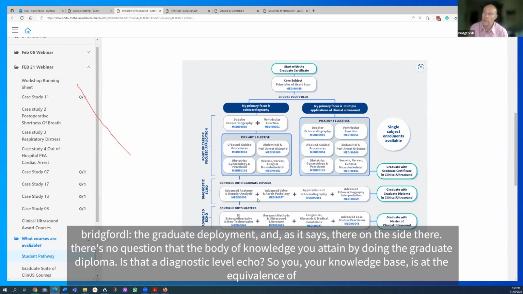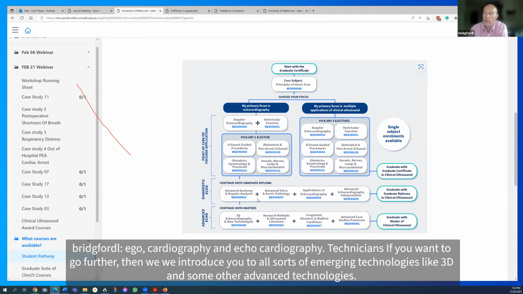And as it says there on the side, there's no question that the body of knowledge you attain by doing the graduate diploma is at a diagnostic level echo. So your knowledge base is at the equivalence of echocardiography technicians. If you want to go further, then we introduce you to all sorts of emerging technologies like 3D and some other advanced technologies.